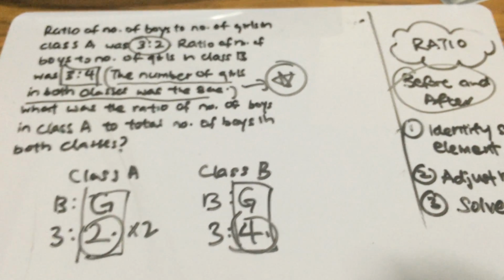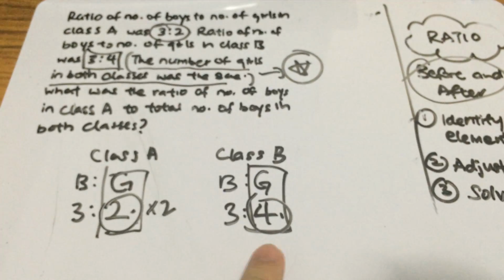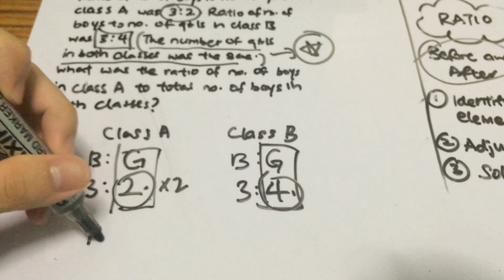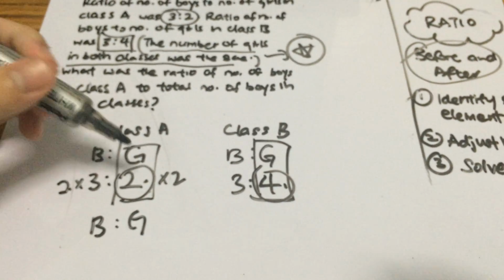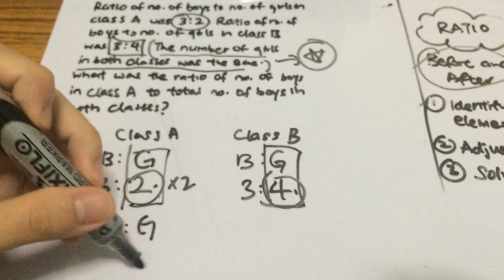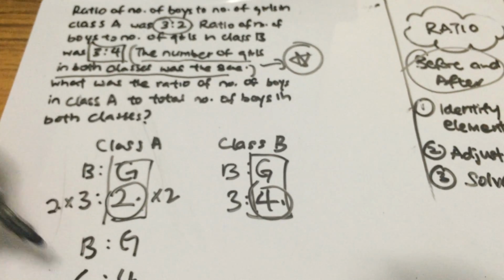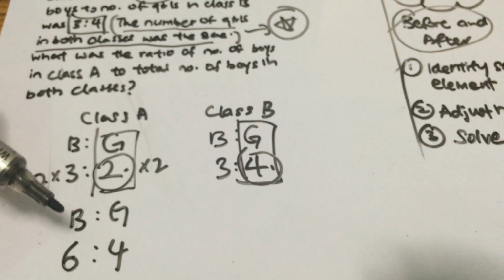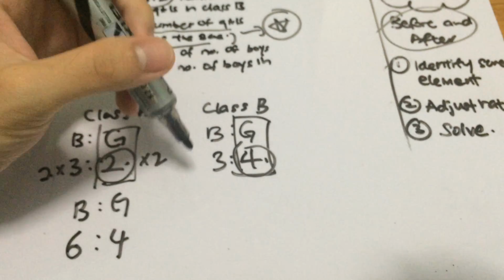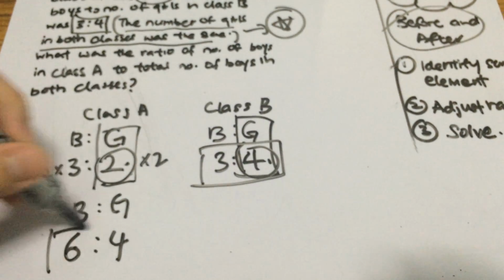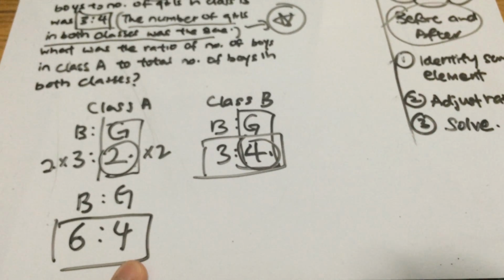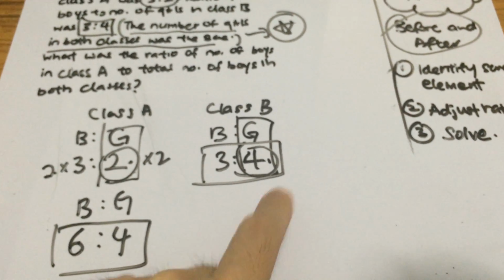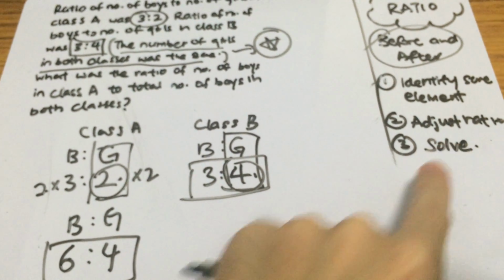The common multiple of 2 and 4 is 4. So on the class A side, we multiply by 2 on both sides, and we end up with the new ratio 6:4, the number of boys in class A to the number of girls in class A. Now you can see that the units of girls in class A are the same as the units of girls in class B, and then we adjusted the ratio.